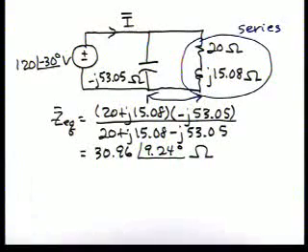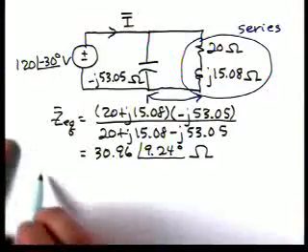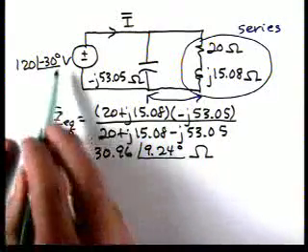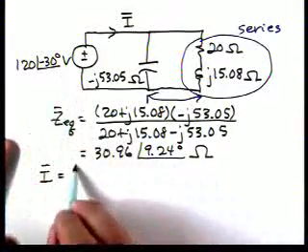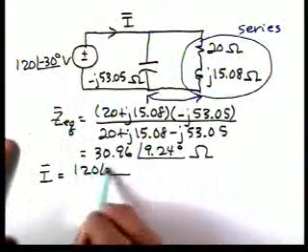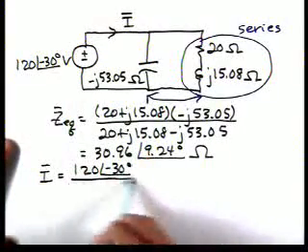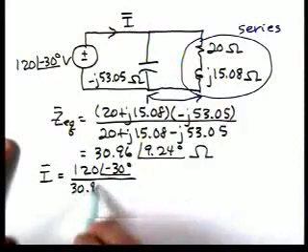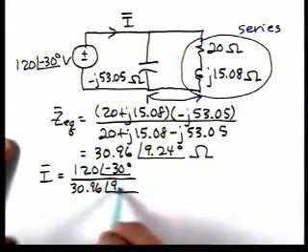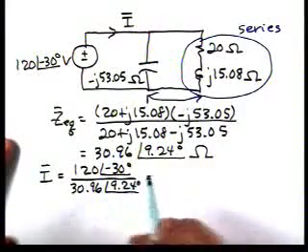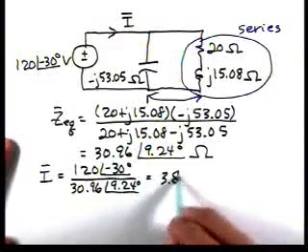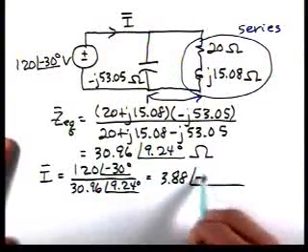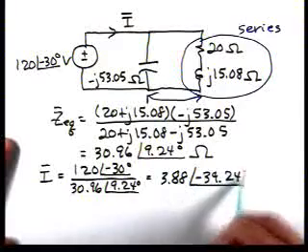So now our phasor current I is this voltage divided by this equivalent impedance, so we have 120 at an angle of minus 30 divided by 30.96 at an angle of 9.24, and that's 3.88 at an angle of minus 39.24 degrees.